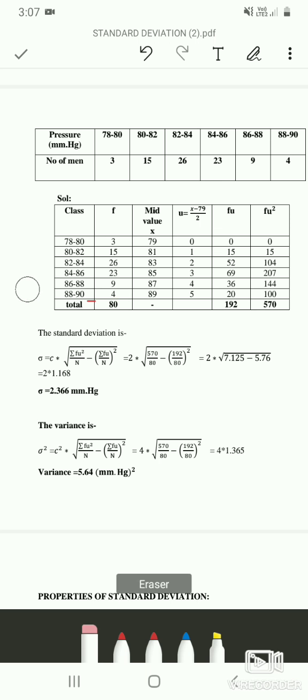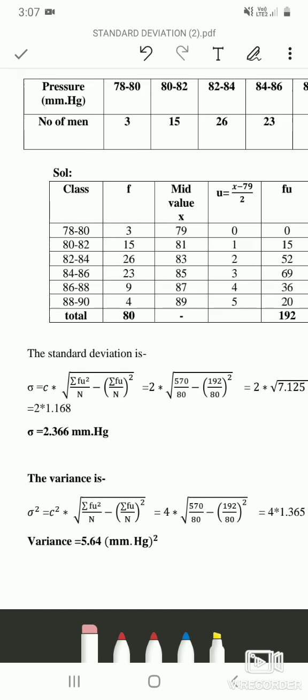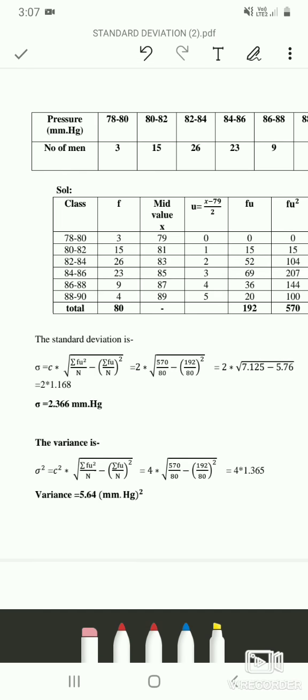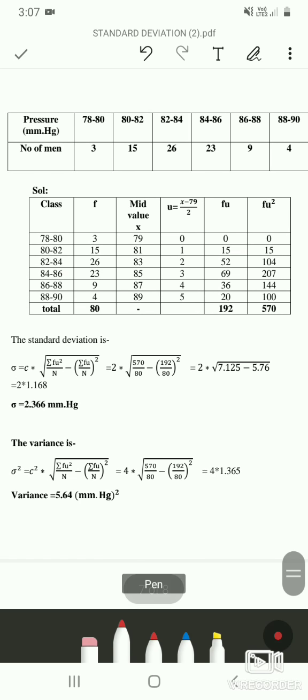So let's make the tables first. Let us write the class intervals first, which is from 78 to 80 up to 88 to 90. The next would be f, frequency. Add these frequencies to get your capital N value, which is 80.